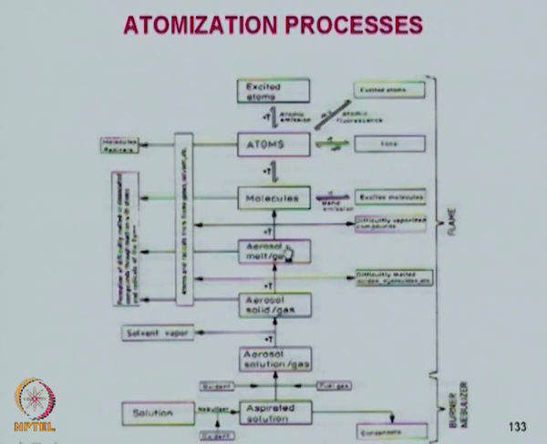After this the substances will decompose and form molecules. The molecules can get excited to a higher energy state, forming excited molecules. These are of no use for AAS, atomic absorption.